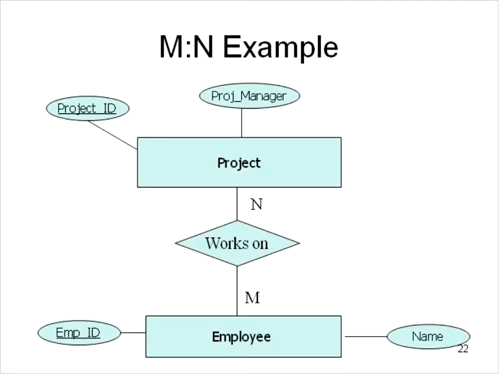So for example, on slide 22, we have an M-to-N relationship of a project to employee. An employee may work on many projects, and a project may have many employees working on it. The key of project is project ID, the key of employee is employee ID, and employee has one other attribute called name, and project has one other attribute called project manager.